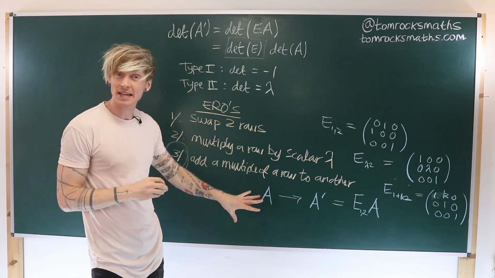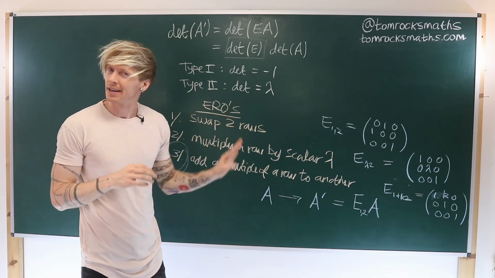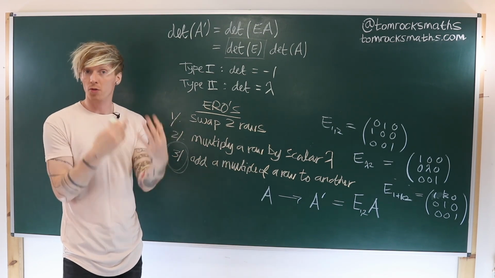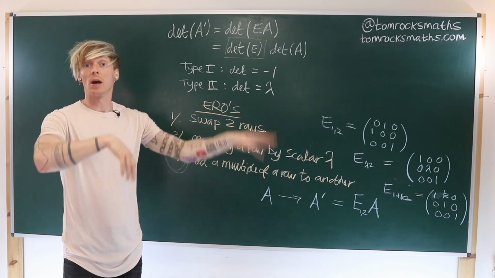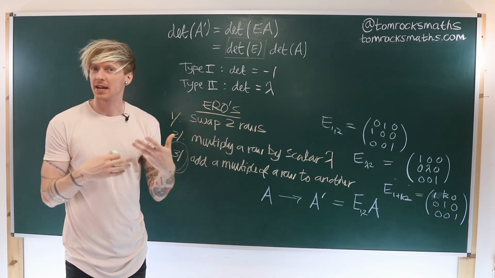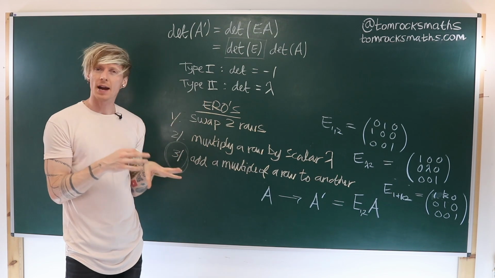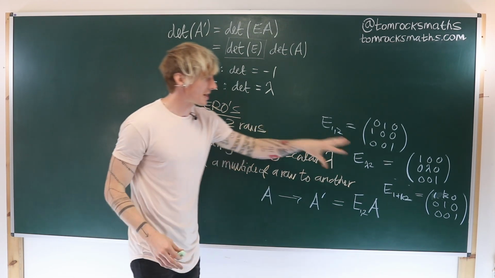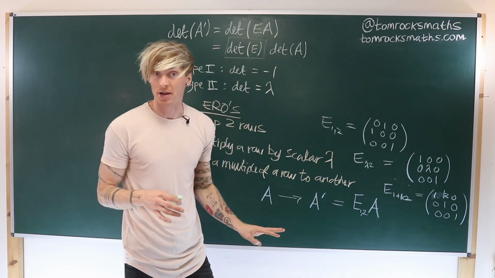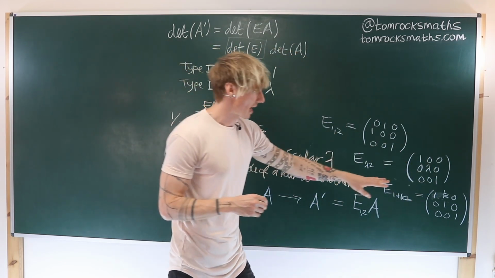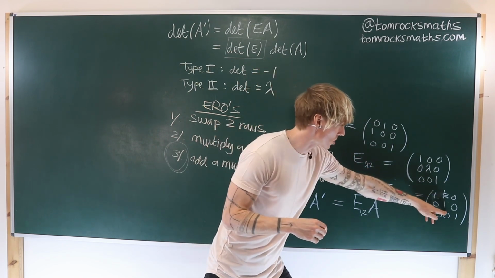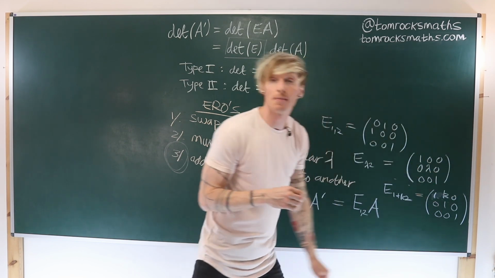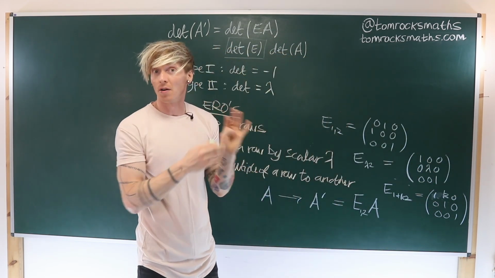Now for type 3, again, we've got to think a little more. When we add a multiple of a row in the identity to another row in the identity, we are in fact going to end up with something quite specific. So this again is an example for a 3 by 3, but what you can see is we added a multiple of row 2 to row 1, and so that introduces this non-zero element in the top half of the matrix.